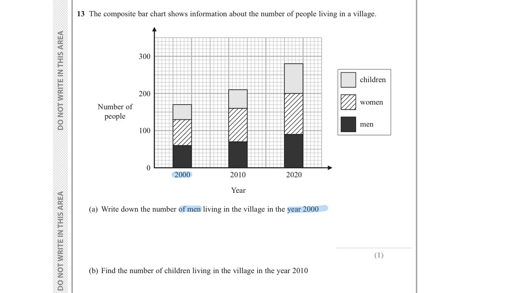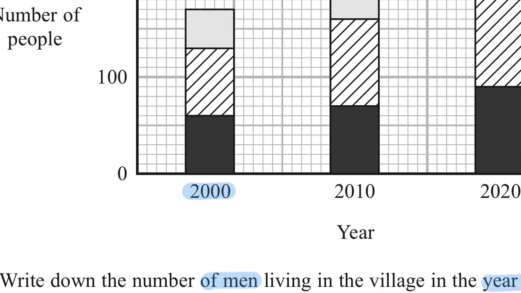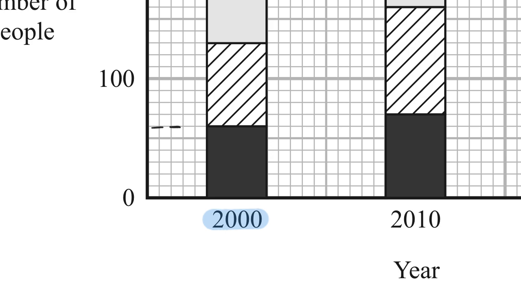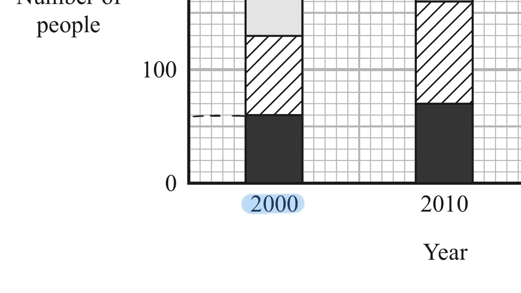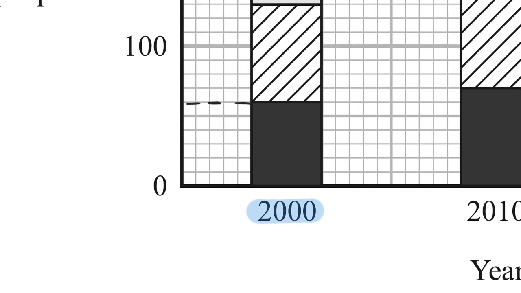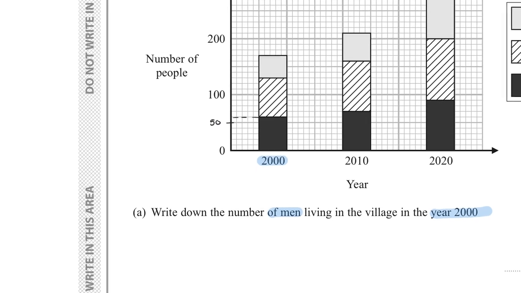And we're only interested in the men in this case. So let's just go up to the men bit. Remember that was the darker colour. Looks like this must be the 50 mark, because it's halfway between 50 and 100, and then it goes 60, 70, 80, 90, 100. So that is going to be 60 men.